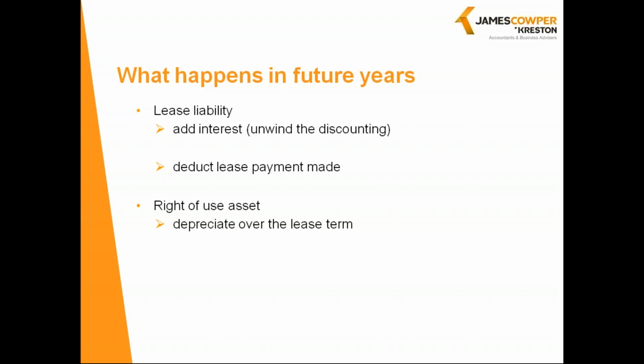And then this new asset that we call a right of use asset, essentially recognising that I don't own this property, so to call it a property on my balance sheet would not be correct. But I have the right to use the asset over a potentially quite long period, so that is of value, and that asset goes on the balance sheet and is depreciated over the lease term, usually on a straight line basis. There could be a more appropriate basis, but it will typically be on a straight line.